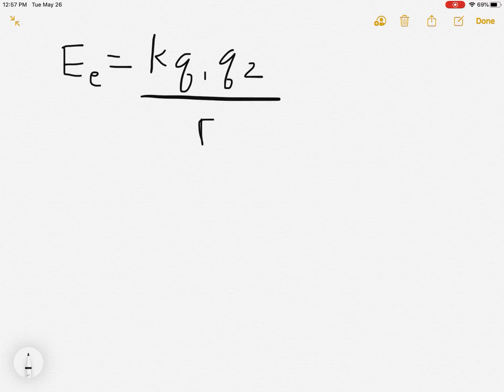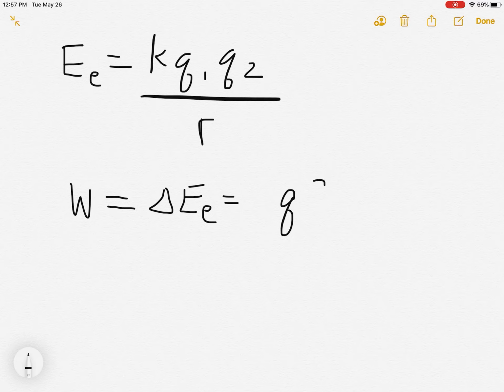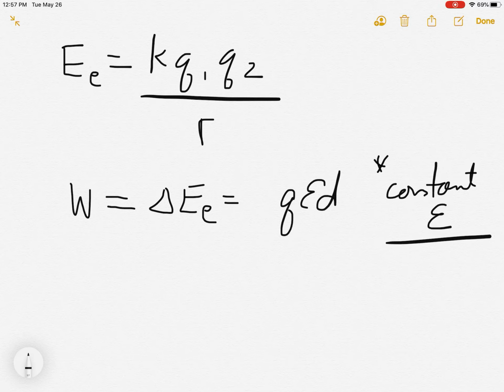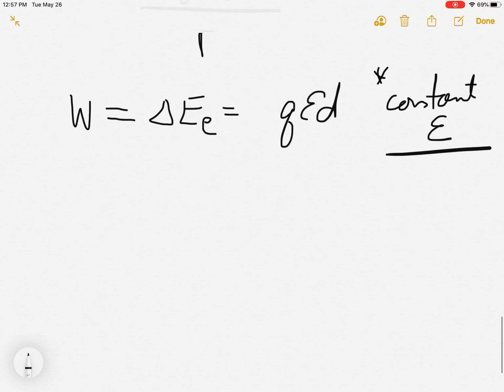Okay? You can also look at the work done. Energy is also work, right? So we can look at work or electrical energy change. That could be the change in electrical energy. And that's when you have QED. But remember, constant E. So if you only have information about one charge, then perhaps this is the one that you can use. Then we have this concept of voltage, which is energy divided by charge.